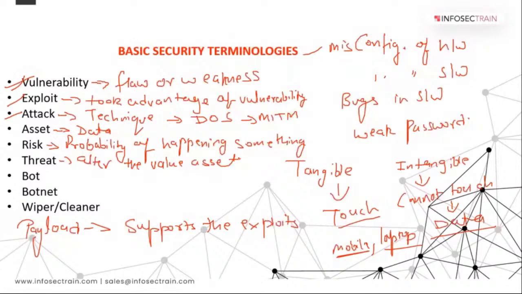The value of my asset, which is laptop for me, is altered. It is changed, as it is not functioning now. So that is your threat. Water is a threat for my laptop, right?